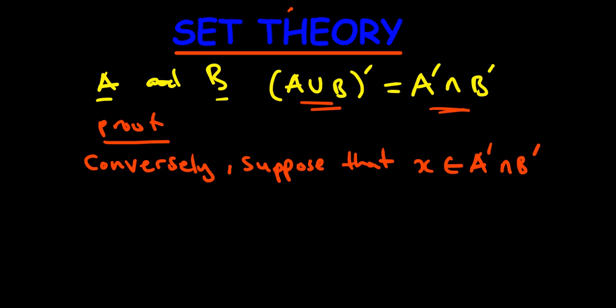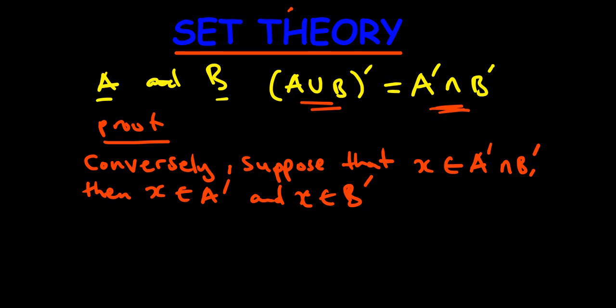So we start from this side here. If X is in the intersection, meaning that X is a member of A complement and X is a member of B complement, since it's in the intersection, it belongs to both sets.